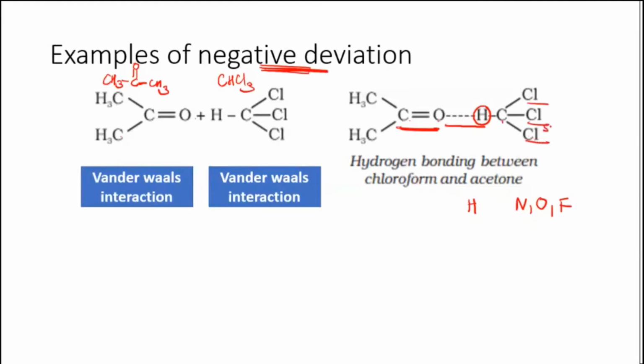So all the electron density will go towards the chlorine atoms, and carbon will become almost deficient of electrons. When it becomes deficient of electrons, it tries to get that electron density through the hydrogen. So it is found that the electronegativity of carbon in that case becomes almost equal to nitrogen. When the electronegativity value comes close to these elements, then it can show hydrogen bonding.